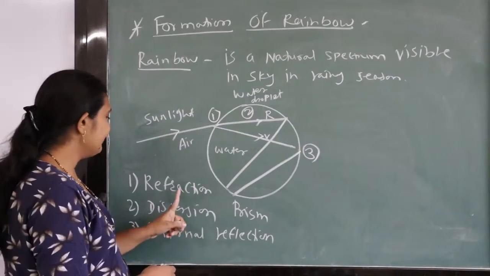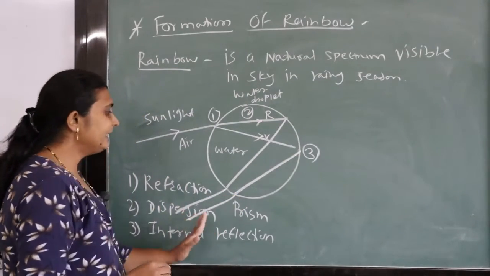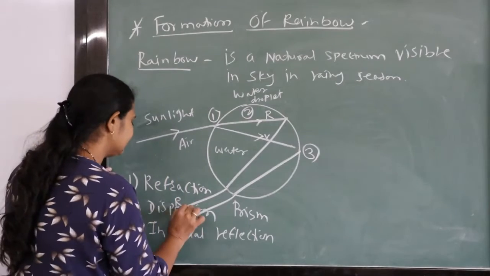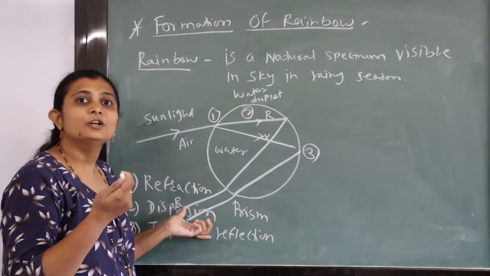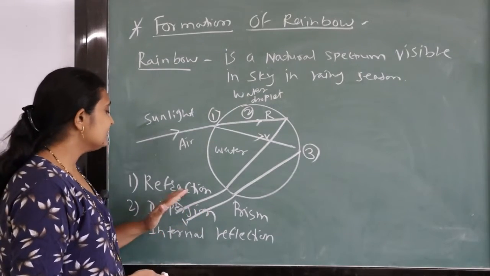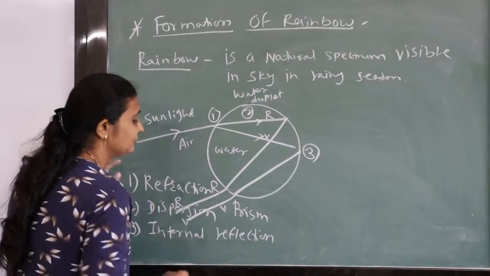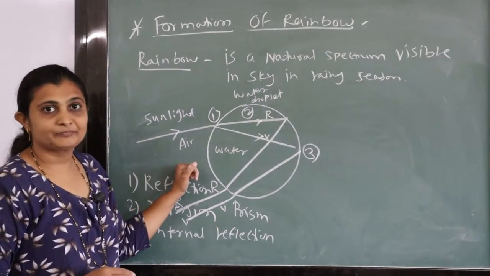Again one time refraction happens and it comes outside, and when these rays enter the human eye, then we can see these colors from red to violet. In this way a rainbow is formed.